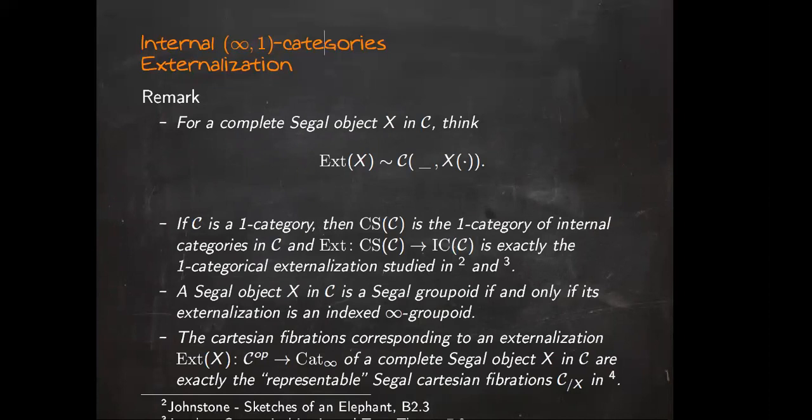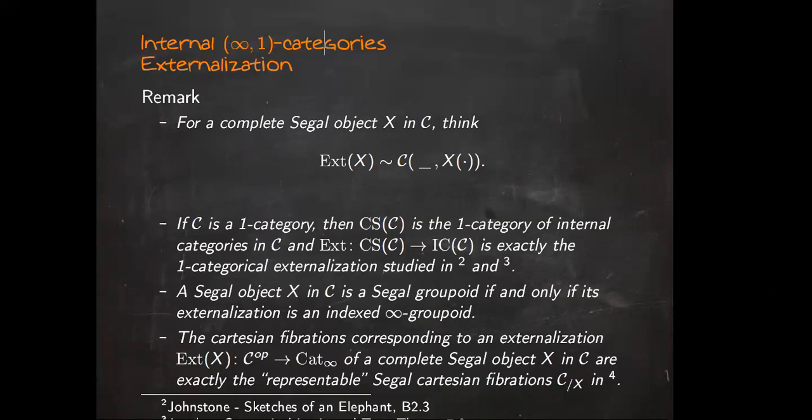Yes, and just a remark. The externalization as such has not been defined in the literature as far as I'm aware, but the process itself, the functor itself, not giving it that name and not being embedded in that framework, has been considered by Rasekh.